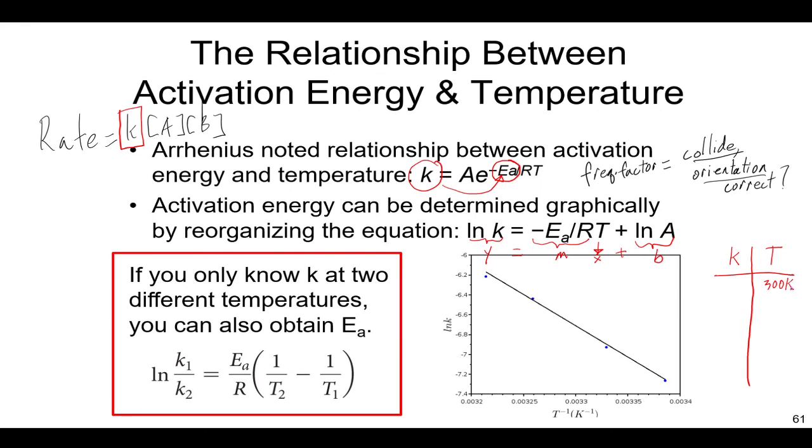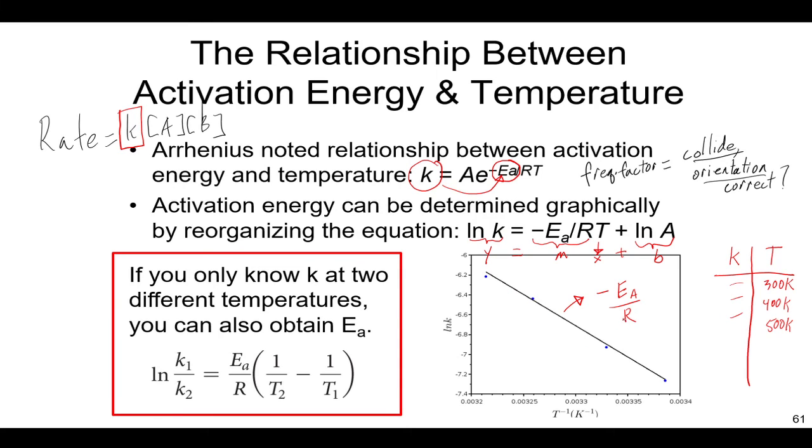Now we do all that same stuff again, but at 400 Kelvin, and at 500 Kelvin, and so on and so forth. And so we run each of these experiments to figure out the rate constant, as discussed in previous lectures, and we plot all of that in this manner. And when we do that, we get this straight line here. This is called an Arrhenius plot, where the slope is negative activation energy over the gas constant. Okay, and so this is exactly how I figure out the activation energy.